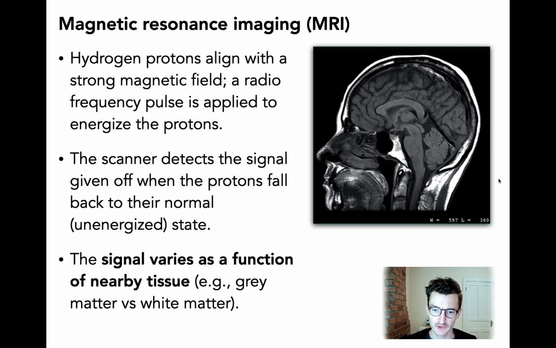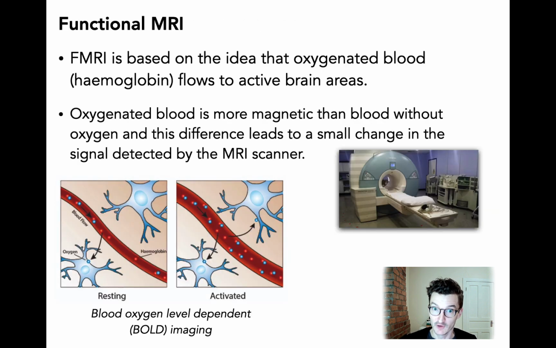Functional MRI works on basically the same principle, but some other smart physicists figured out that the signal that these protons give off when they fall back down to their unenergized state also varies depending on whether there's oxygenated blood in the general area. Why does that matter?